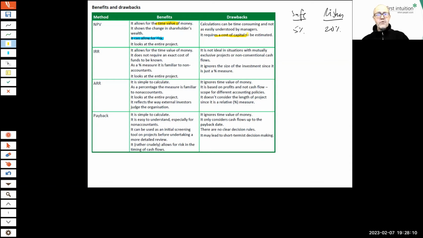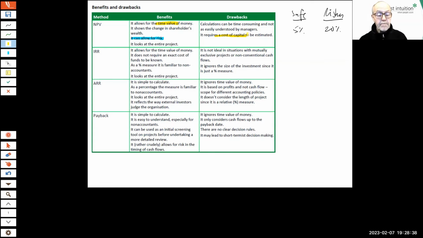Because if you can put money in the bank and get 4%, there's no point taking on a risky project also for 4%. So we need to determine what's a reasonable cost of capital. If we're too conservative and go over the top with too high a cost of capital, then we're never going to do anything. If we understate it, then there is a danger we take a lot of risks for not a lot of reward.